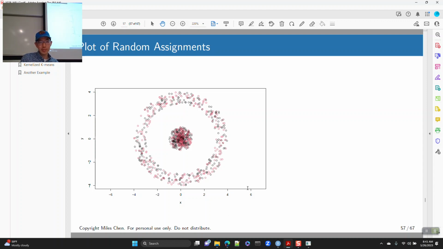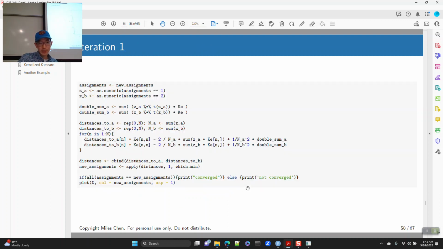It's equivalent to projecting into higher dimensional space, finding the centroids, and calculating the distances. But we're going straight to the distances, and then reassigning the points. So at the next iteration, this is the code for calculating the distances to the centroid of cluster A and distances to the centroid of cluster B.